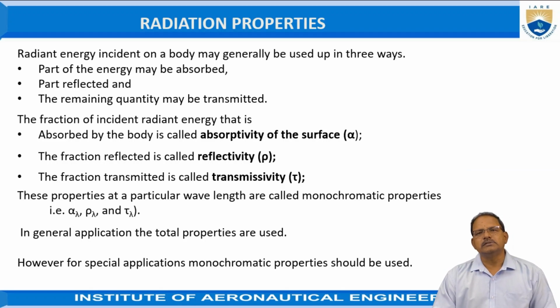Hence, depending on the characteristics, some bodies may absorb part of the energy falling on them, some part may be reflected, and some part may be transmitted through to other surfaces or other objects. The fraction of incident radiant energy that is absorbed by the body is called absorptivity of the surface.